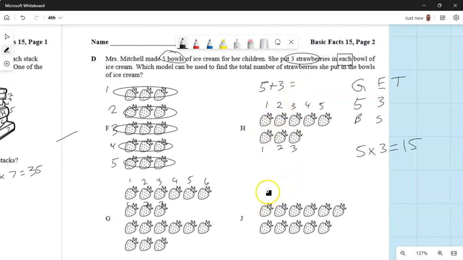And this last one, we'll look at it. I've got 1, 2, 3, 4, 5, 6. And then I got another group of 1, 2, 3, 4, 5. That would be 6 plus 5. And that equals 11, but that isn't going to tell us how many strawberries are in the 5 bowls. Okay, so our correct answer is going to be F.